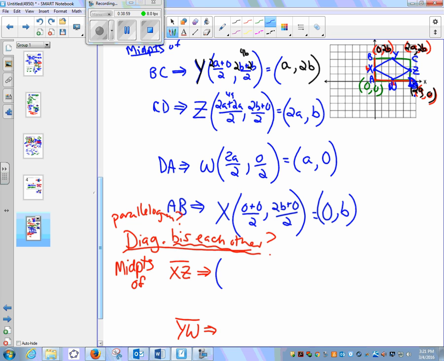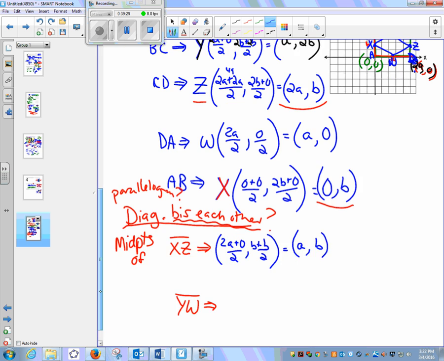Midpoint of XZ. Well, remember, here's X and here's Z. So those are the 2 coordinates that we're using to find midpoints. We're going to add the x's, 2A plus 0 over 2, and add the y's, B plus B over 2. We get 2A over 2, which is A, and 2B over 2, which is B. So the midpoint is A, B of one diagonal.